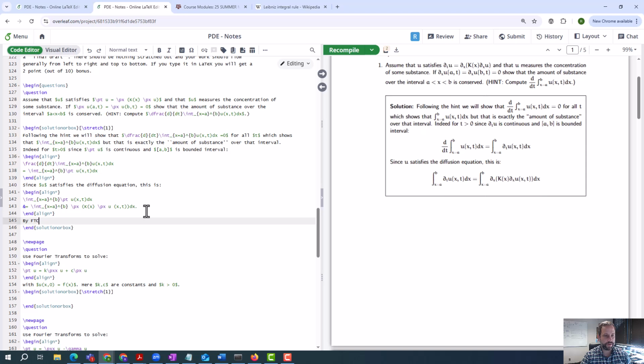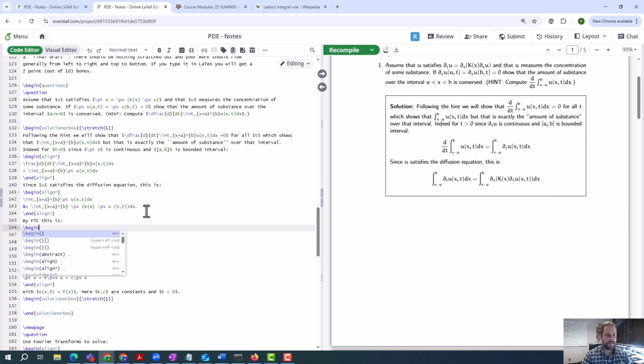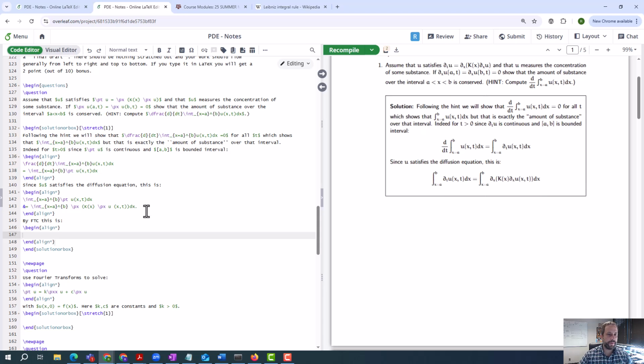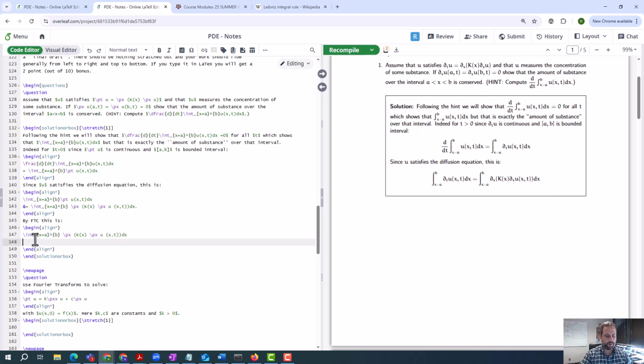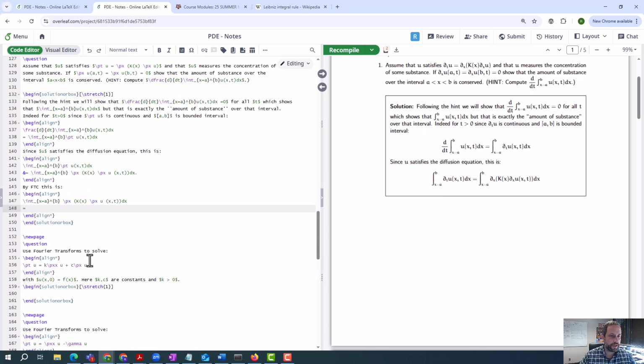So by the fundamental theorem of calculus, this is equal to, on the next line, centered and indented, k of x times the x derivative of u of x comma t, evaluated from x equals a to x equals b.